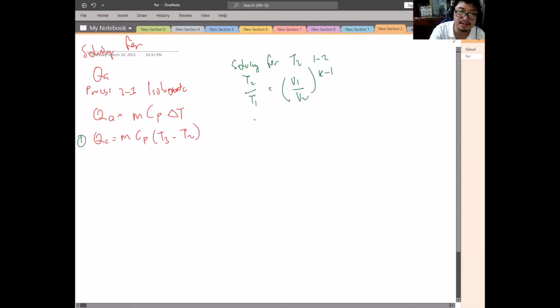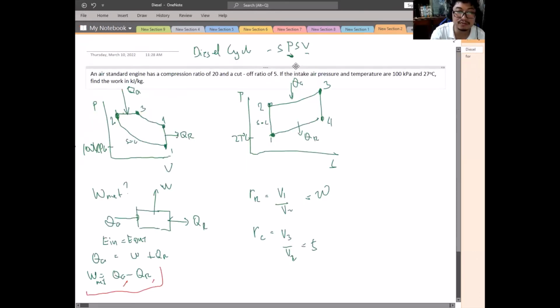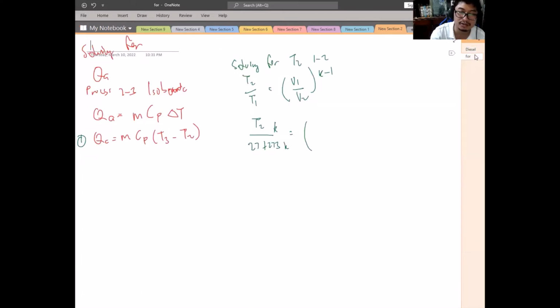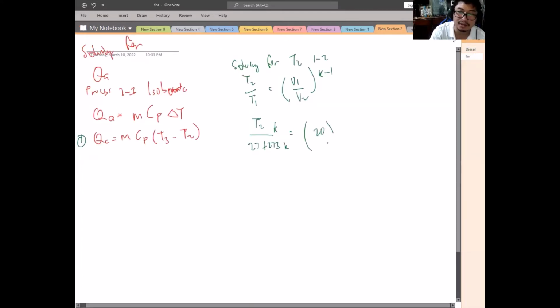Substituting, T1 is given as 27 degrees Celsius. For this equation, everything must be absolute, so we add 273 to get Kelvin, and the temperature becomes Kelvin. V1 over V2 is our compression ratio, 20.